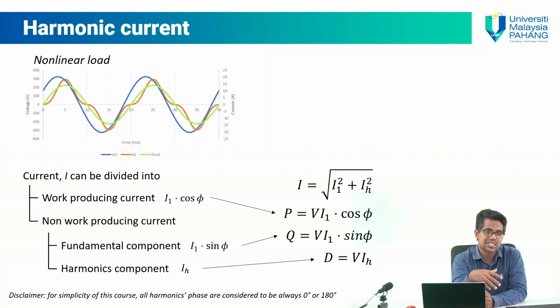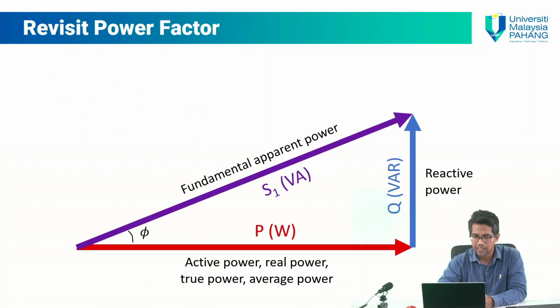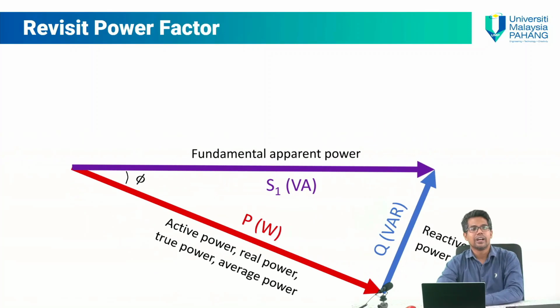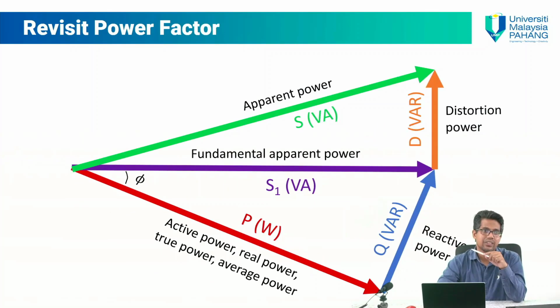So this is distortion power. Let us revisit this power triangle. This is what we learned before. Now let's rotate it and put here another component, which is the distortion power.